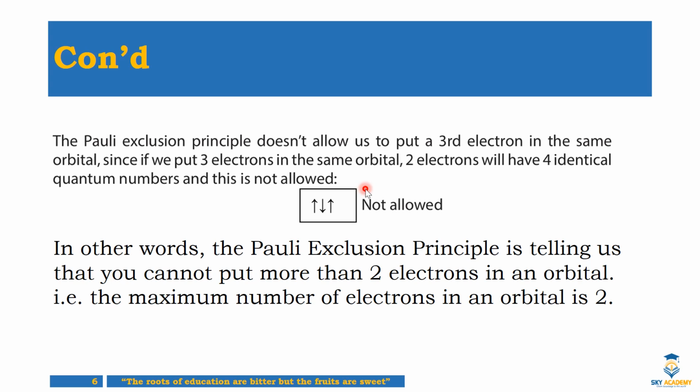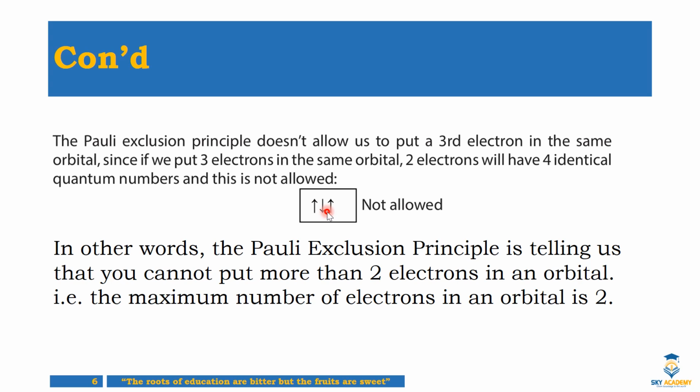Why is it not correct? Why can we not put electrons as we have them? Earlier in this session, I told you that we have a maximum of two electrons in an orbital.